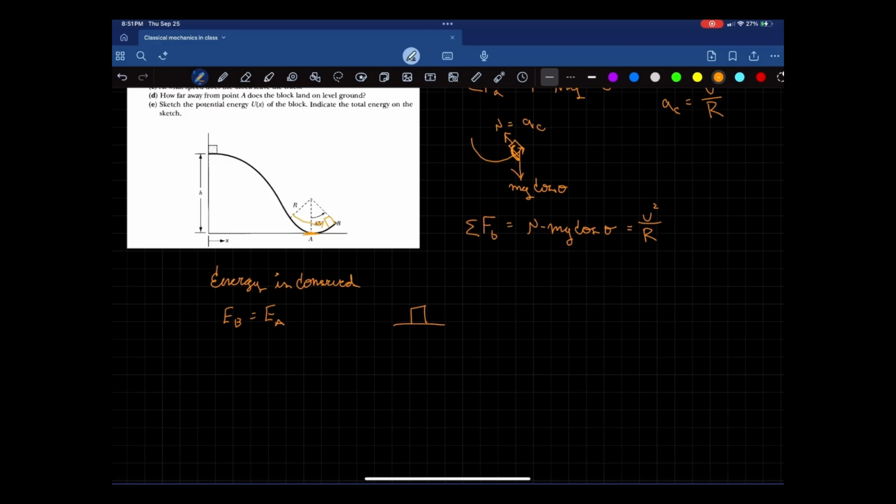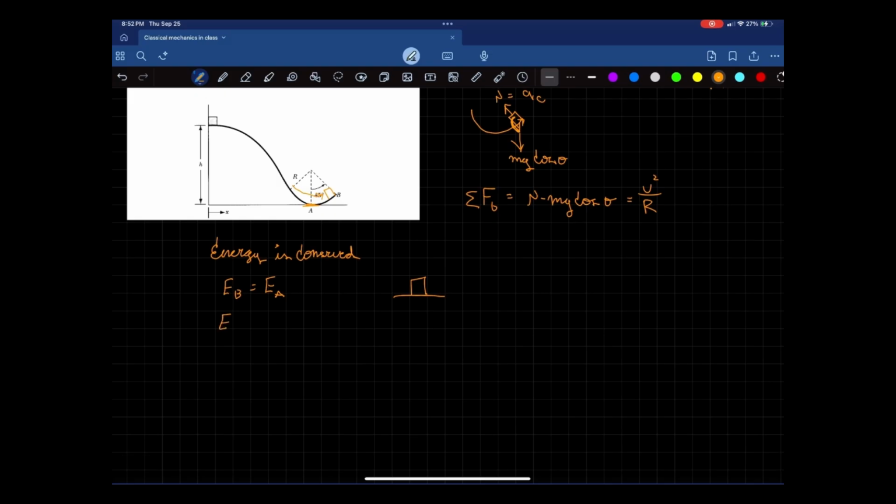In vibrations and waves, we learned that the instant something starts losing kinetic energy, it obviously stops gaining it. So kinetic energy at that point is zero, and all that's left is potential energy, because of this incline. So then we can write that the energy in B is equal to the energy in A, which is just mgh.